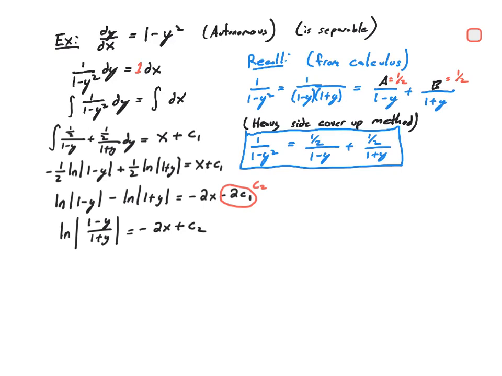Alright, so now I'm going to raise both sides to the power of e, and I get the absolute value of 1 minus y divided by 1 plus y is equal to e to the -2x plus c2. But if you stare at this long enough, and using properties of exponents, you see this is just going to be e to the negative 2x times e to the c2.